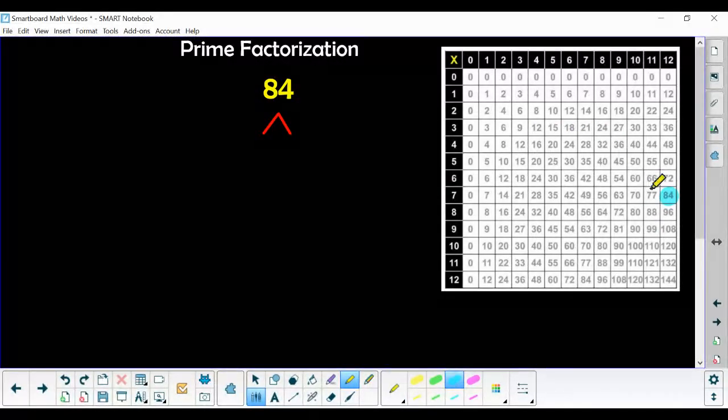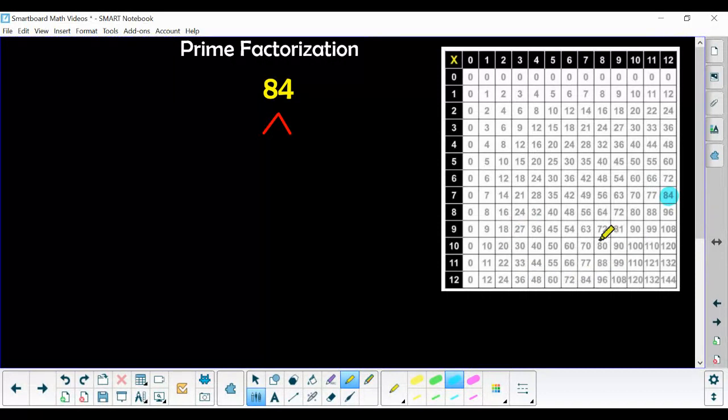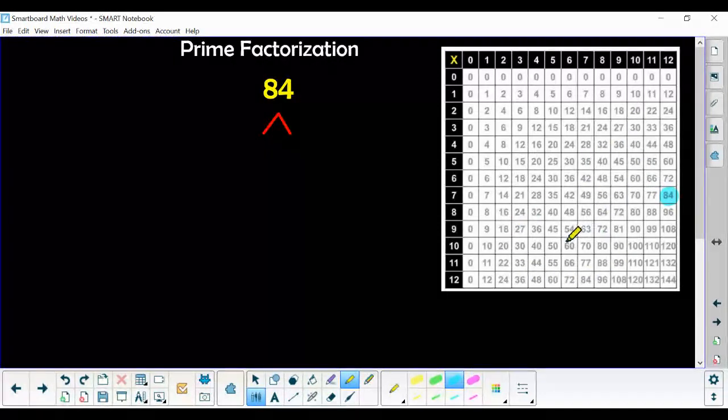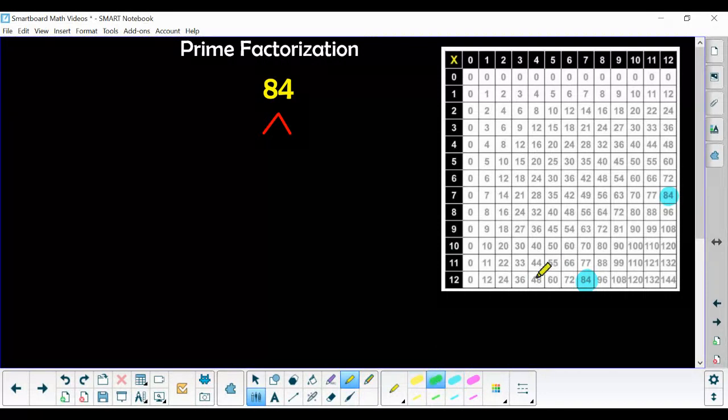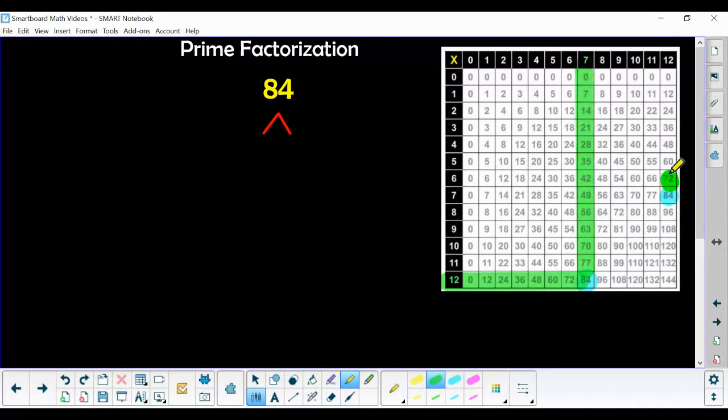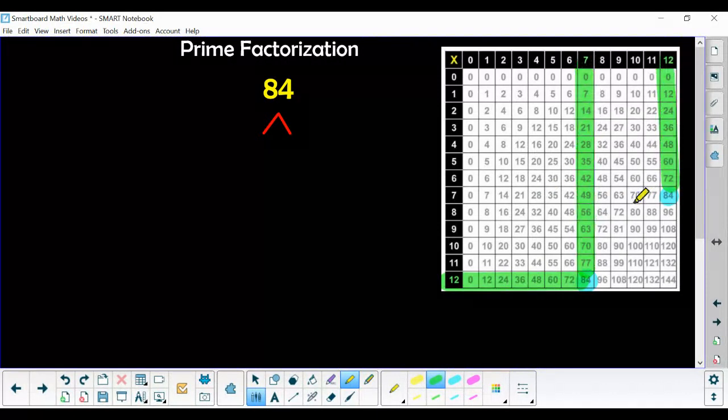Here's 84. Do you see it anywhere else? Not that I need to find it anywhere else, but just in case. There it is. Okay, so if you follow each column, it's going to take you to the factors of that number, and the rows as well.